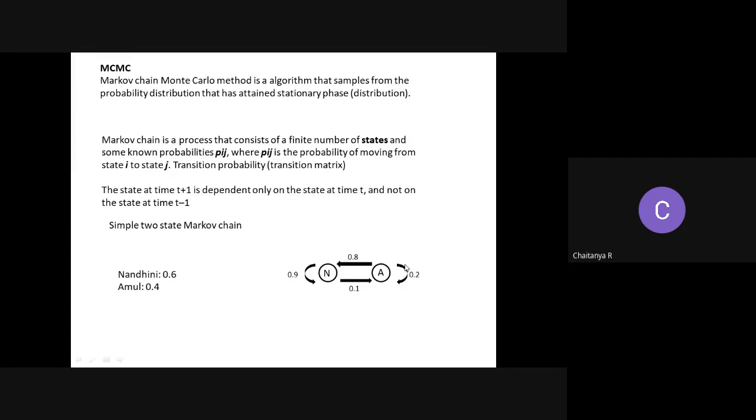And only 20% of Amul customers stay back with Amul, which means that 10% of Nandini customers, or 0.1 probability, are moving to Amul. And there is a probability of 0.8 that customers from Amul would move to Nandini. So this is a state transition diagram given all this data. And we today know that Nandini has 60% market share and Amul has 40%. So here we are basically trying to explain what a Markov chain is.